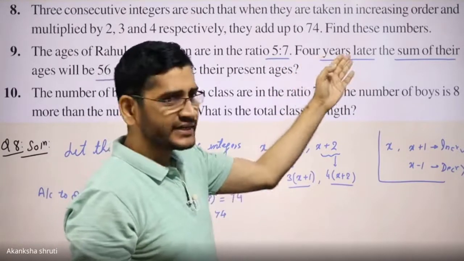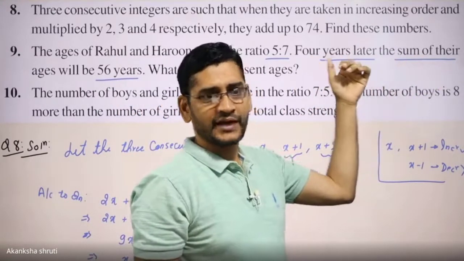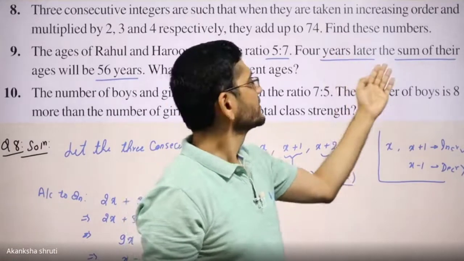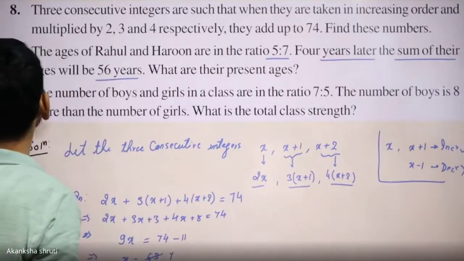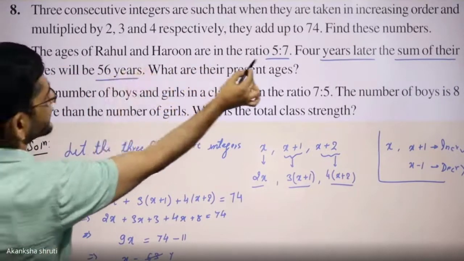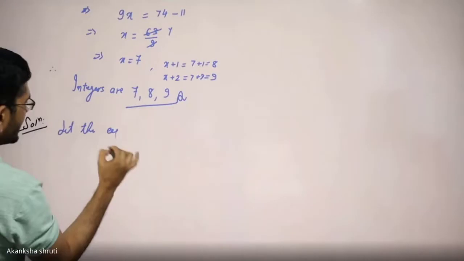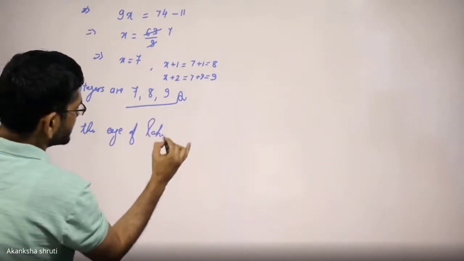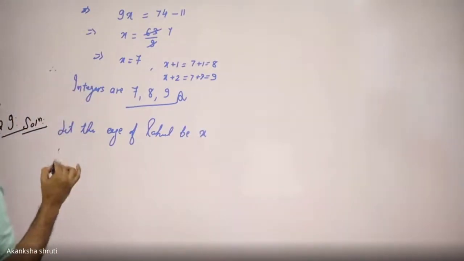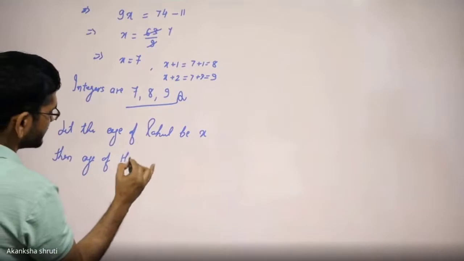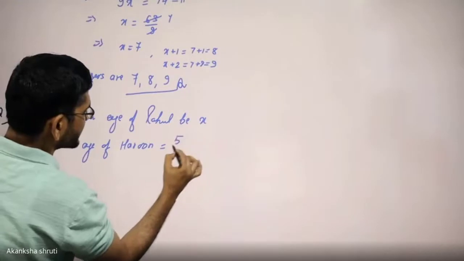Then 4 years later means again we need to increase the age of Rahul as well as Harun. Then the sum of their ages will be 56. So let the age of Rahul be x, then the age of Harun will be 5/7x.